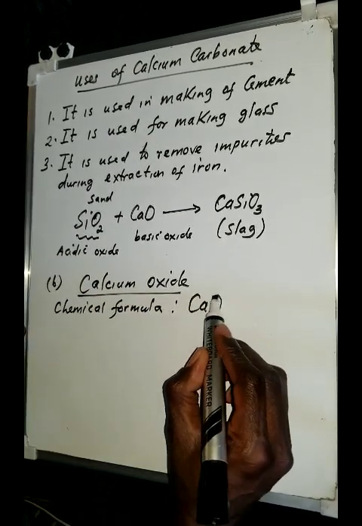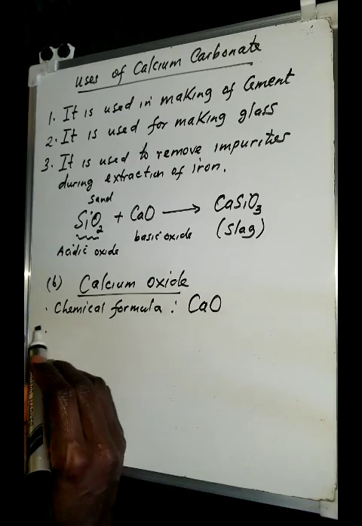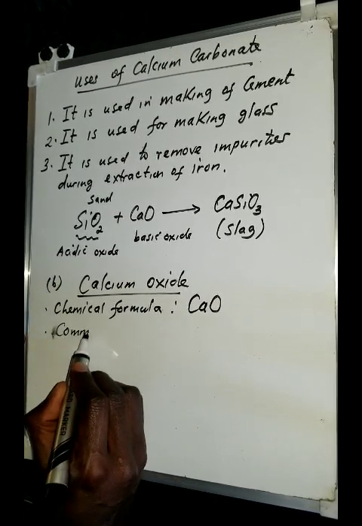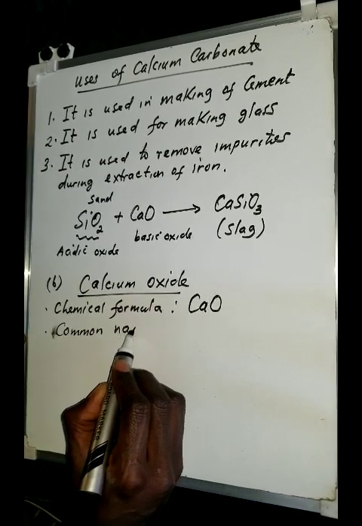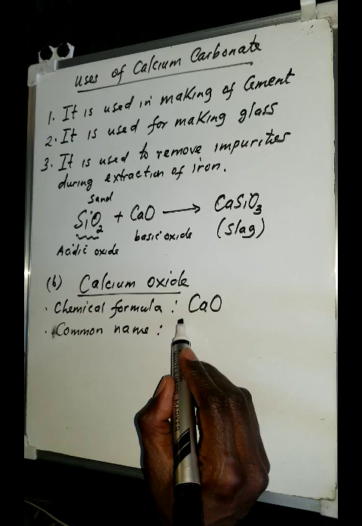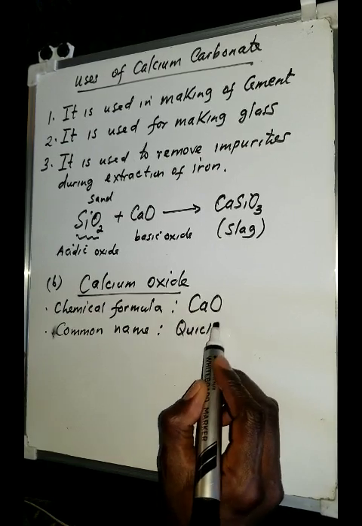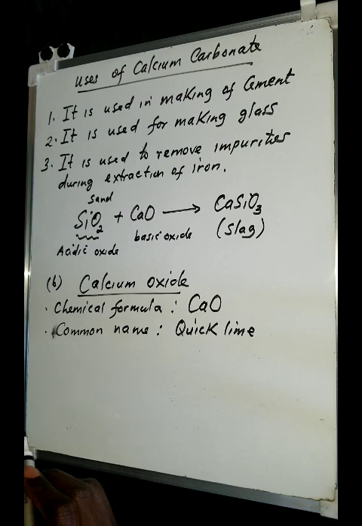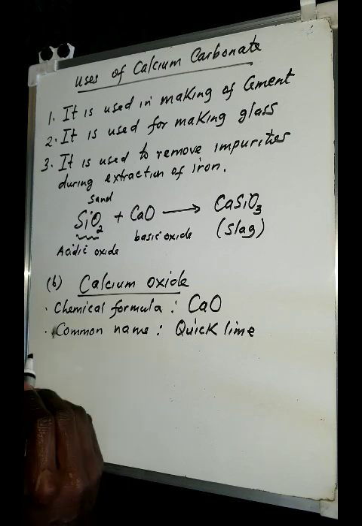So calcium oxide, that's the chemical name. But what is the common name that is given to calcium oxide? The common name, which you need to remember, is quick lime. So calcium oxide is simply called quick lime.